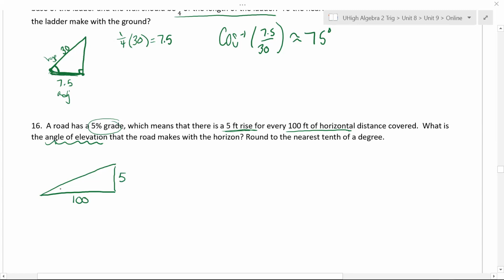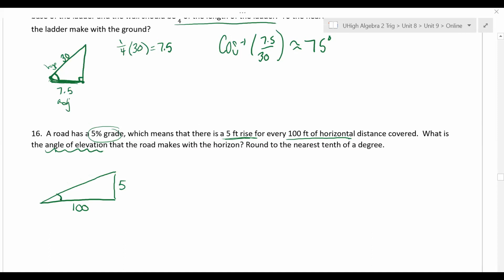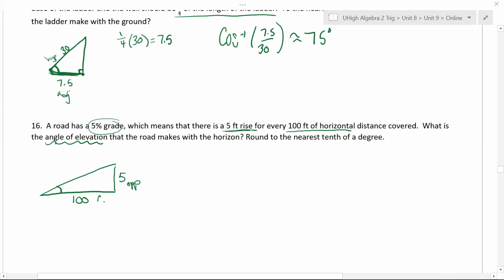So what is this angle right here that I need to make? I'm given my opposite and my adjacent, so I'm going to use tangent. The inverse tangent of 5 over 100 gets me approximately 2.9 degrees. And again, that makes sense, because if I'm just going over 100 and up 5, that's not a very big opening.